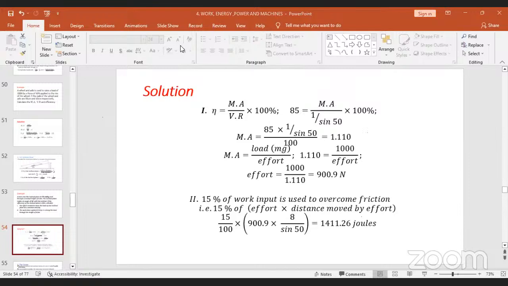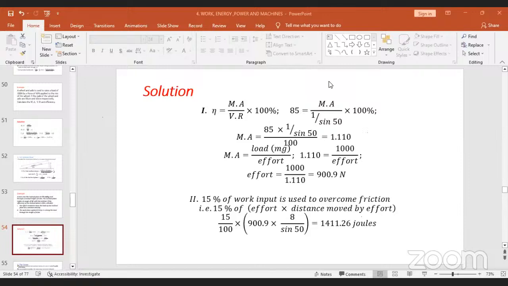Okay, Bibi. So madam, I can say that efficiency can't be 100% due to friction. So that's why it is 85%. So the 15% comes from subtracting the 85% from the 100% due to the friction.